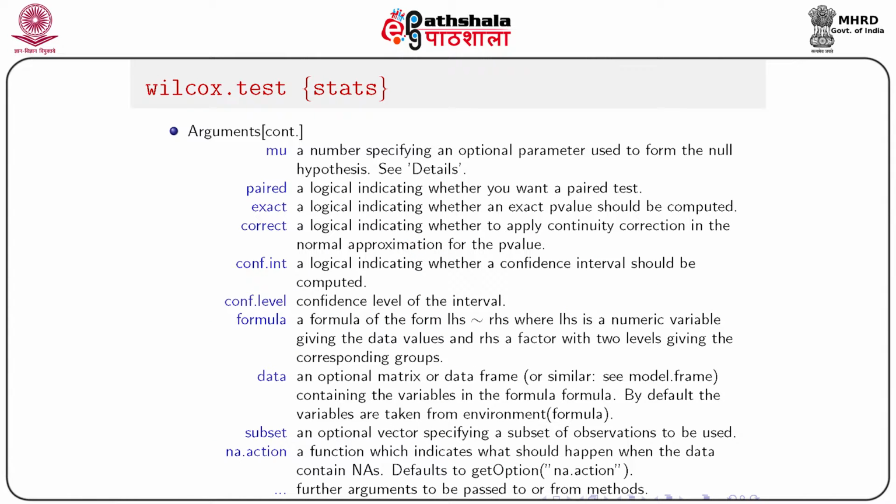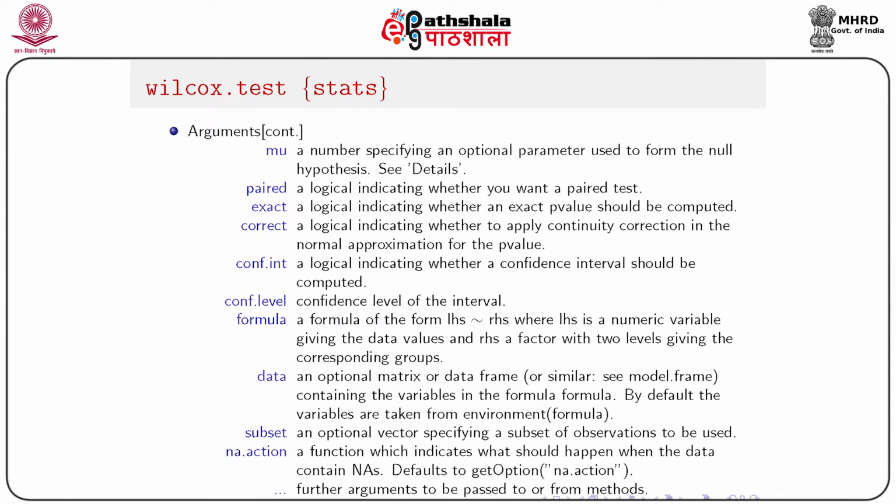mu is a number specified, an optional parameter used to form the null hypothesis. It is required for the one sample test. Paired is a logical indicator whether you want the paired test or not. For the Wilcoxon sign rank test, paired should be TRUE, and for the Wilcoxon rank sum test, paired should be FALSE.